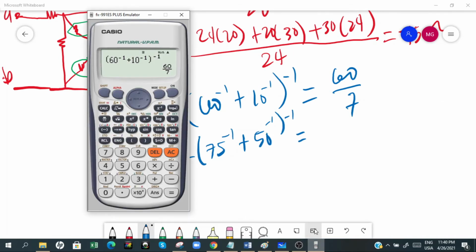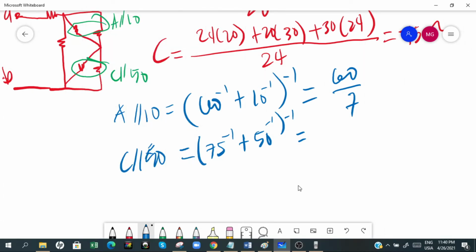It should look like this: 75 inverse plus 50 inverse, which gives 30.